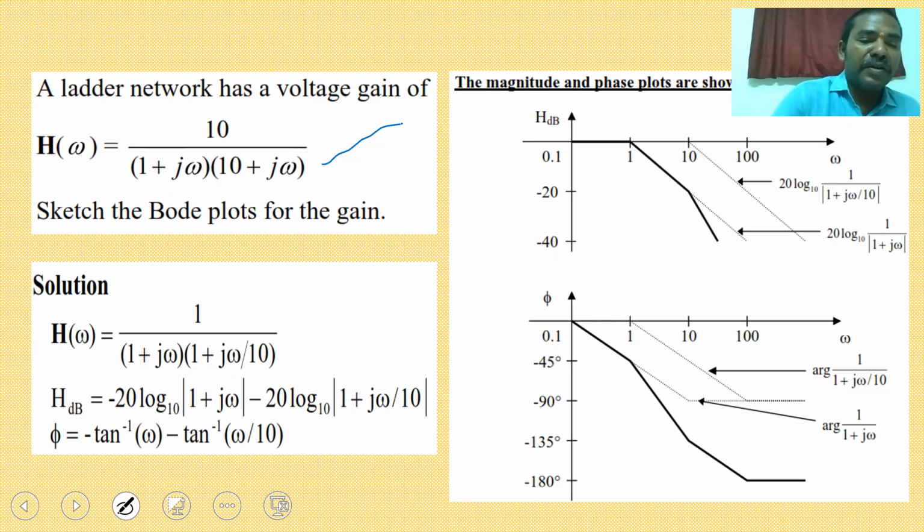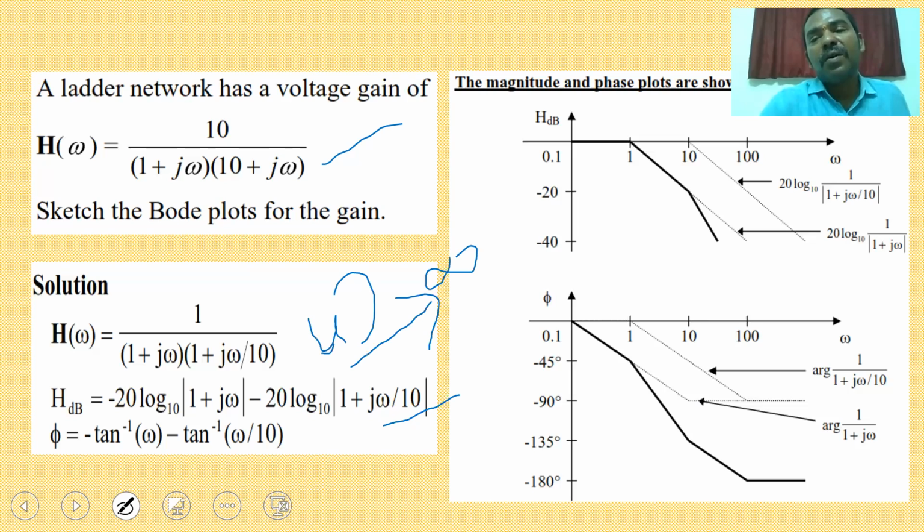So the magnitude value we are writing in terms of decibels: minus 20 log 10 of 1 plus j omega, minus 20 log 10 of 1 plus j omega by 10. So by varying the omega value from 0 to infinity, you can get the Bode plot of the magnitude waveform like this.